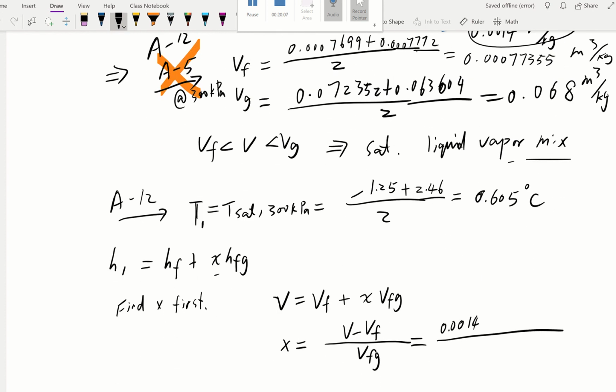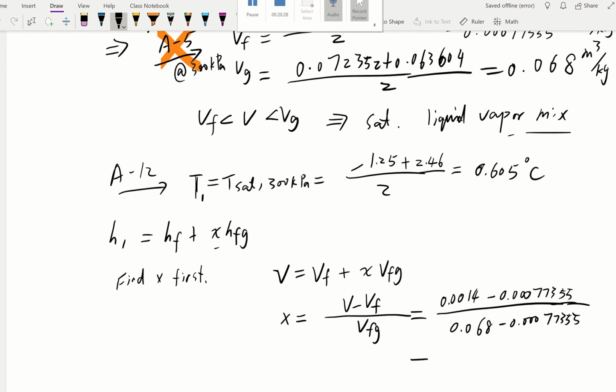All right, this problem is a little tedious. Vf is going to be 0.000777355, and our vfg is going to be vg minus vf. Then we can find our quality.